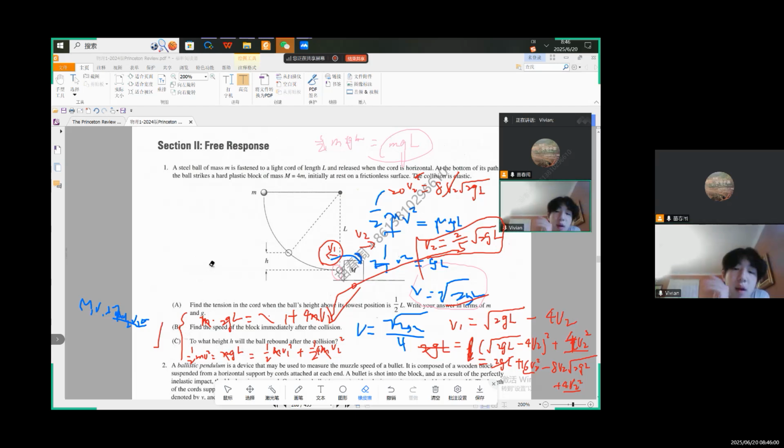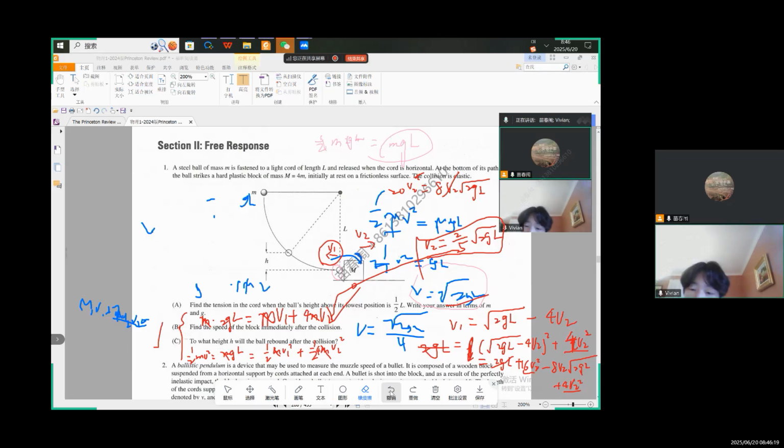This is a circular motion. What's the v1? Well, we already found v2 actually. Better find v1.